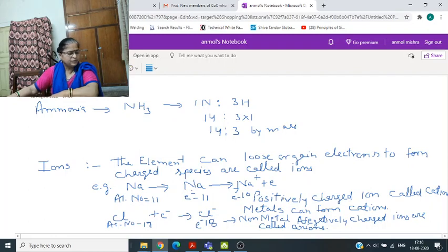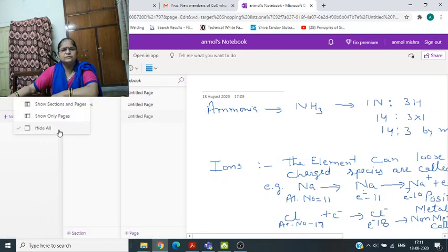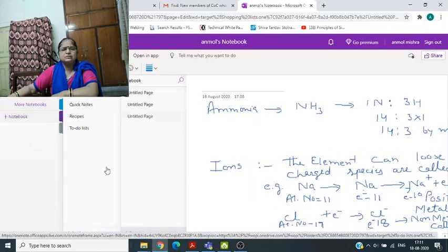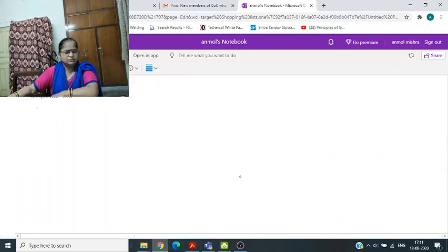Now there are some salts. I will take the example of calcium carbonate.